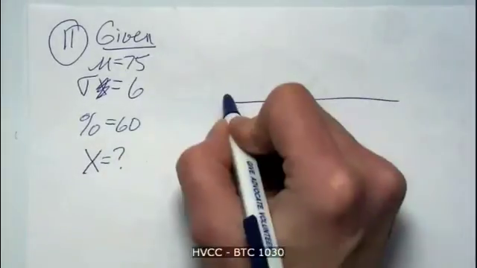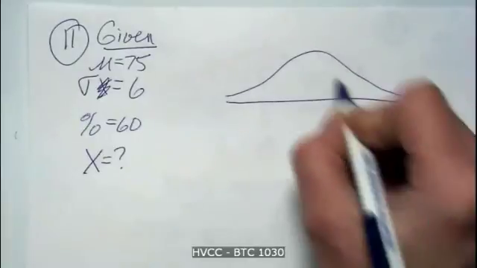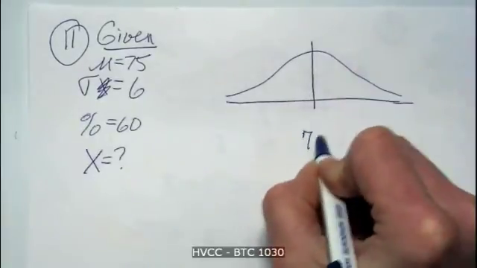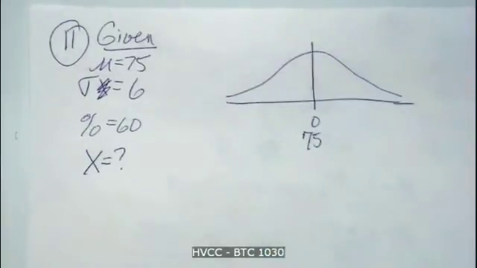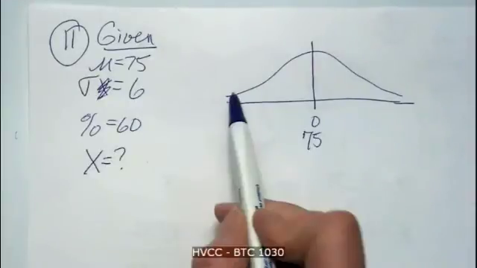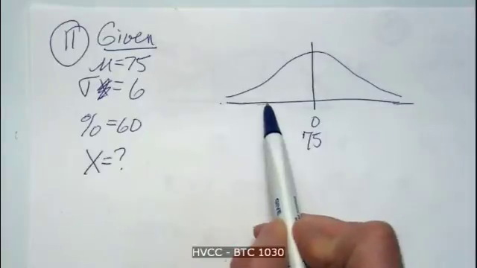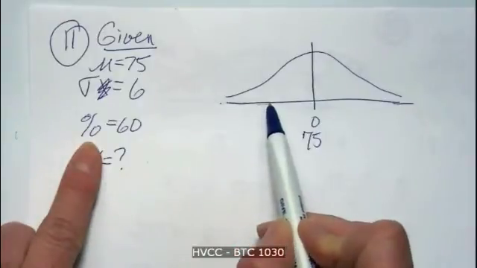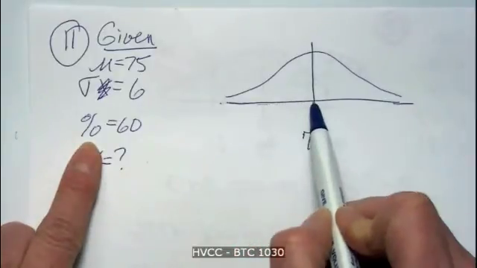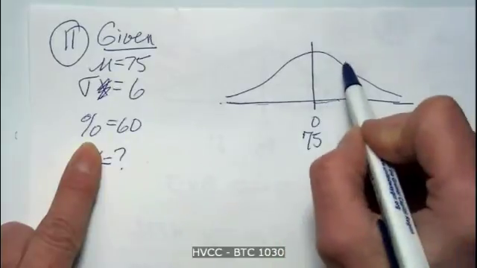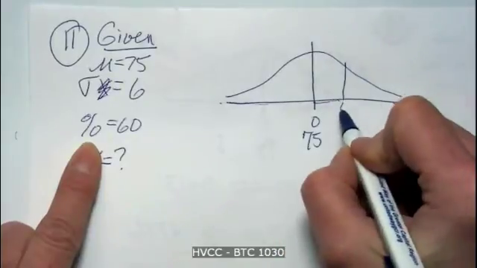We draw a curve. Here's our mean, 75. Let's think about when I said about 50%. I'm coming along here, and I'm looking for 60%. Here's 50%, and well, let's say right about here is 60%.